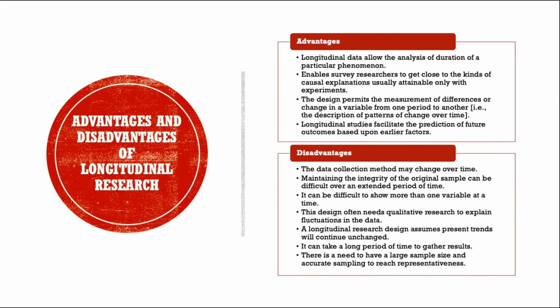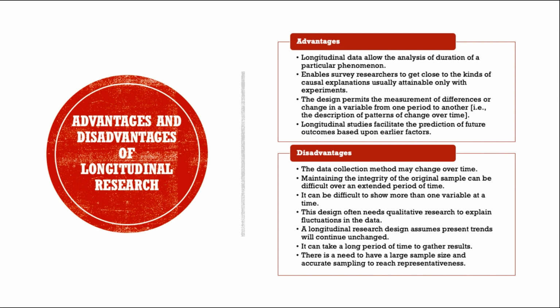It can take a long period of time to gather the results or the data. Sometimes it takes 5, 6, 10 years. There is a need to have a large sample size and accurate sampling to reach representativeness, in order to make the findings representative.